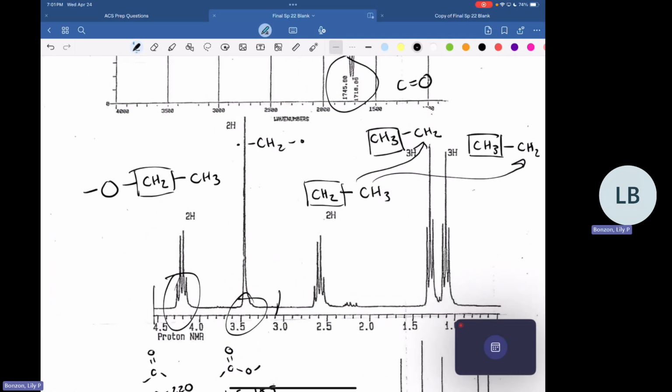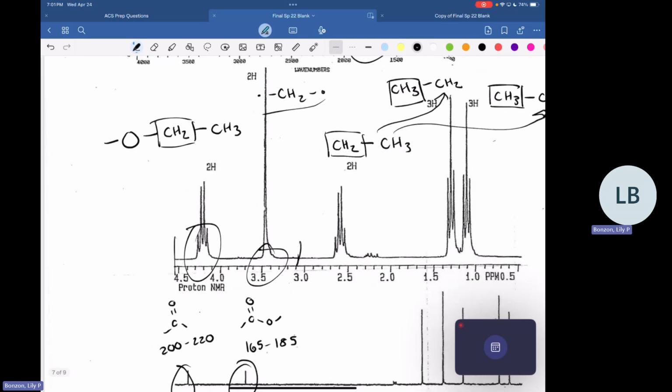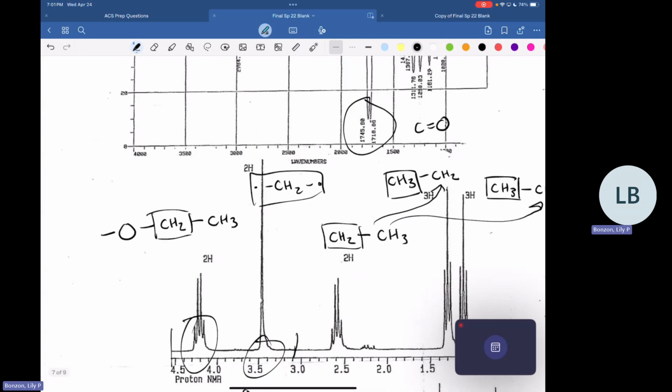The next most downfield one is going to be the CH2 in the middle of nowhere, and we know that it doesn't have any neighbors. So the only thing that this one could be attached to is our carbonyls. So we know that we've got two carbonyls. One of them is going to be an ester.